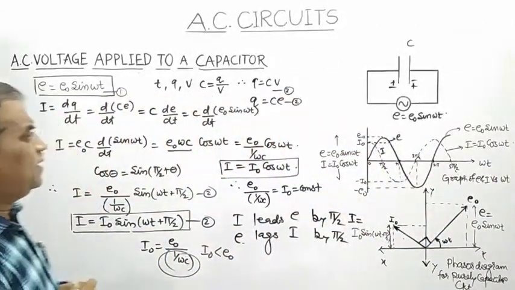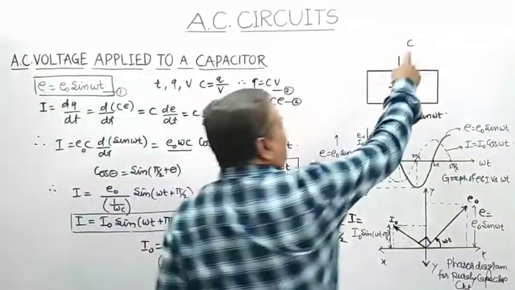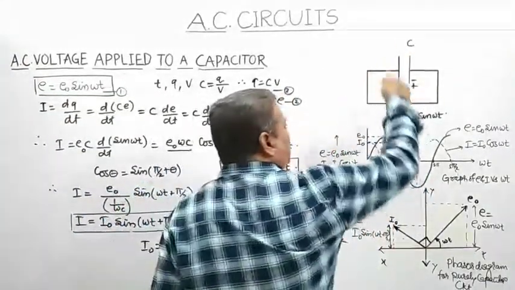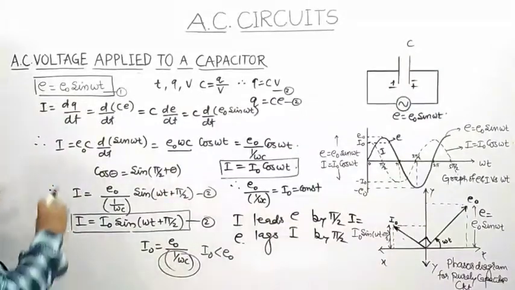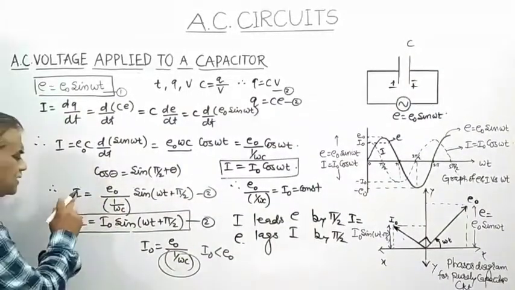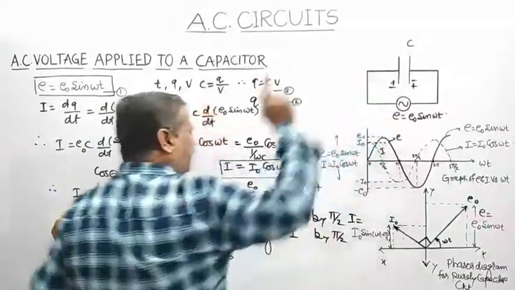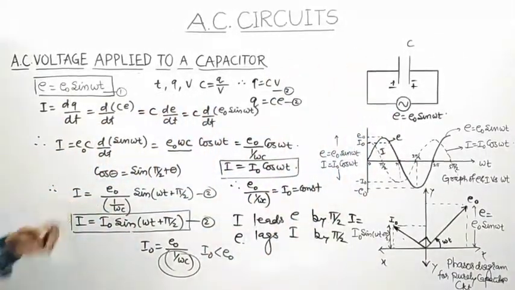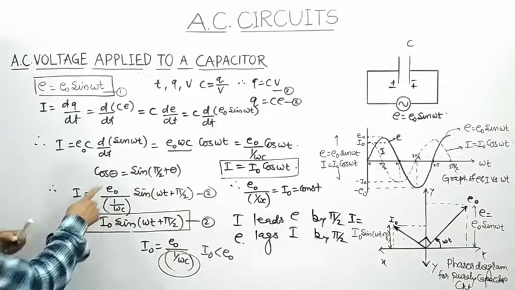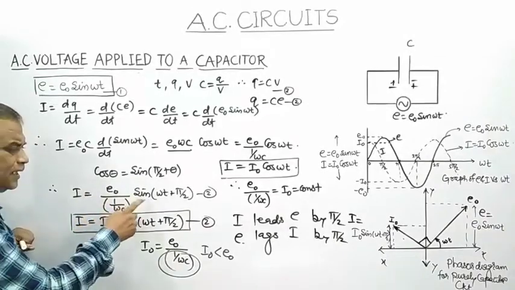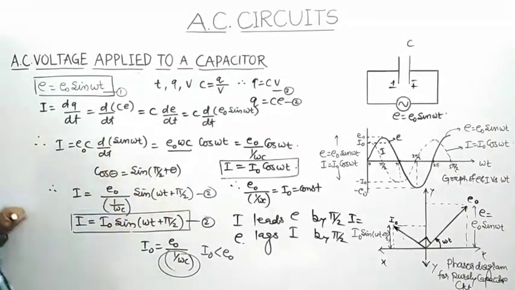Now we will see, as far as this capacitor circuit is concerned, what is the current flowing through the circuit. The instantaneous current flowing through a purely capacitive circuit is I equal to E0 upon 1 by omega C into sin of omega t plus pi by 2.